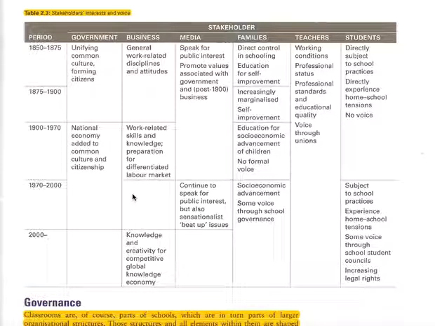So it's important again to get your head around how the media plays into that, certainly families, etc. So how has this shifted and where has been the focus? It's important to understand those kinds of forces in schools.